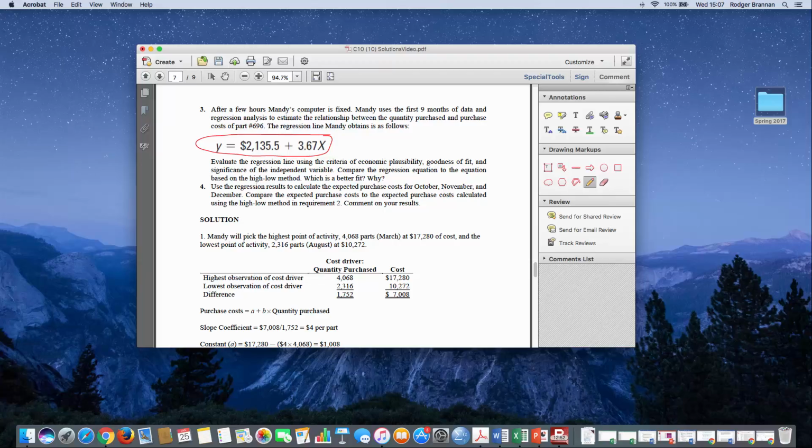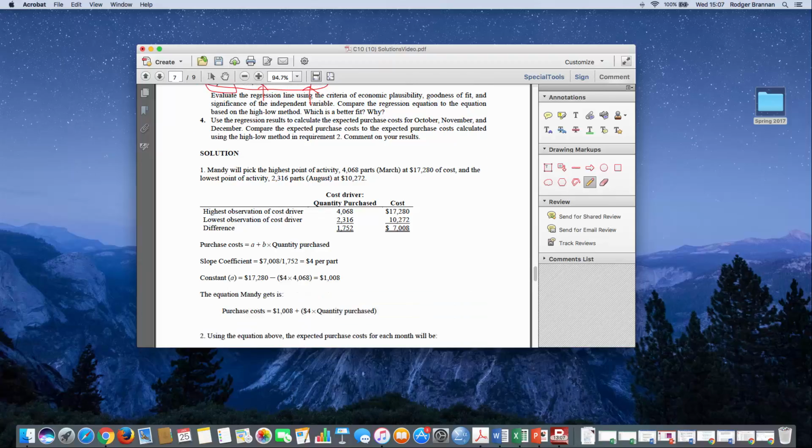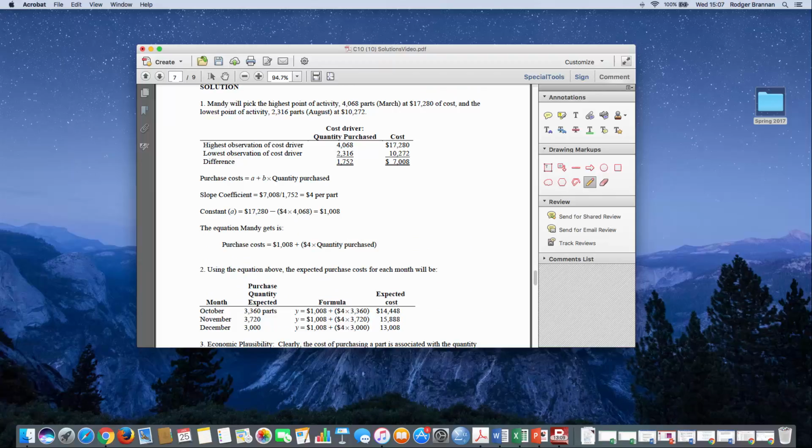You'll be given a formula like this, which is in the basic form. This is my intercept, okay? That is the point, my fixed cost. This is my independent variable, namely x. So as the number purchased varies, the total cost y will vary as well. All right, now, high-low method. Same thing we do, change in activity, change in cost, take the change in cost divided by the change in activity, and so the variable cost here is the $4 per part.